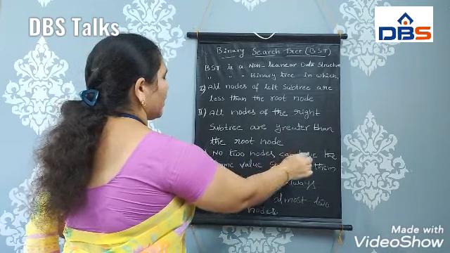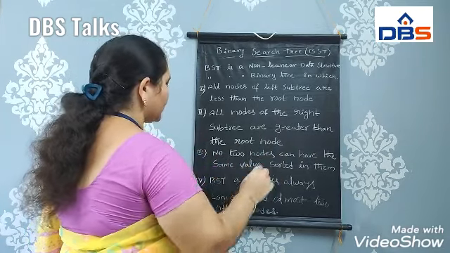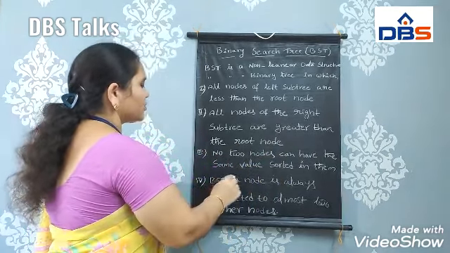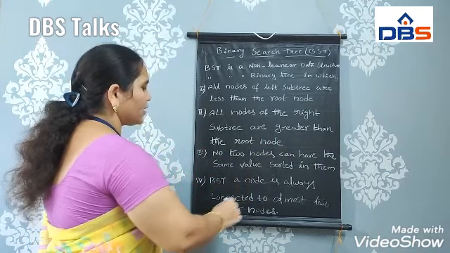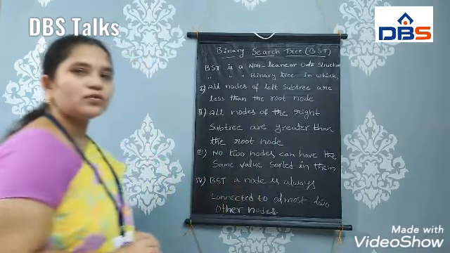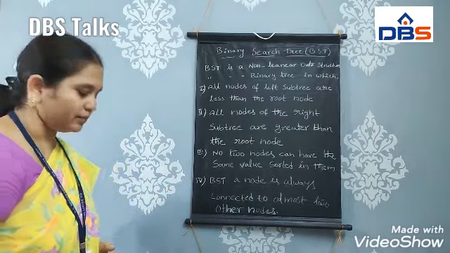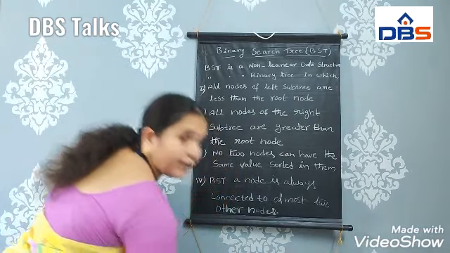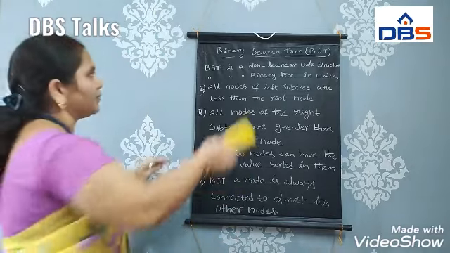These are my description points. It is a binary tree in which no two nodes can have the same value. In a binary search tree, a node is always connected to at most two other nodes. That is the simple definition of a binary search tree.